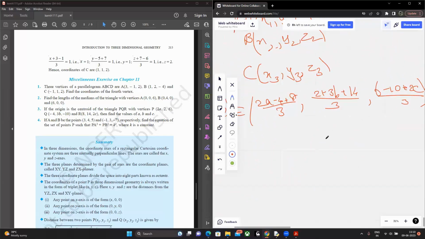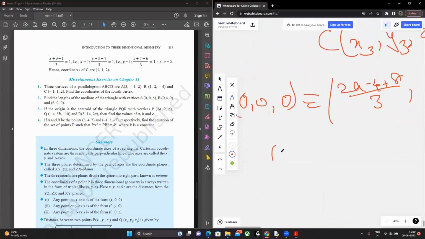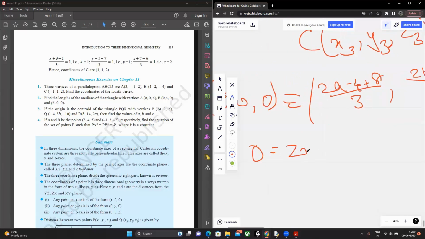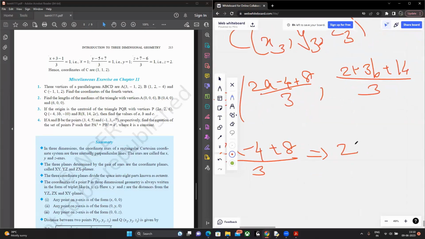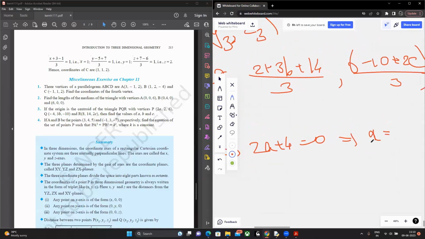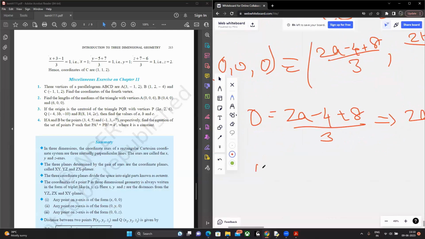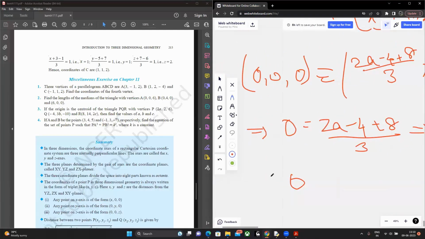Since this is equivalent to this, 0 = (2a - 4 + 8)/3, which means that 2a + 4 = 0, which implies that a = -2. And this is number 1.